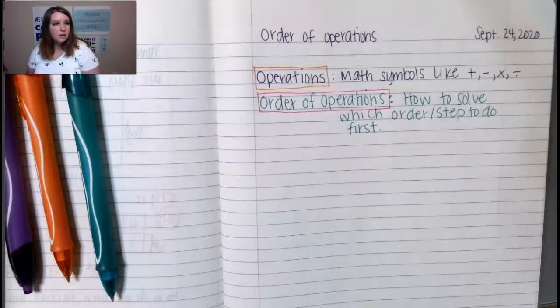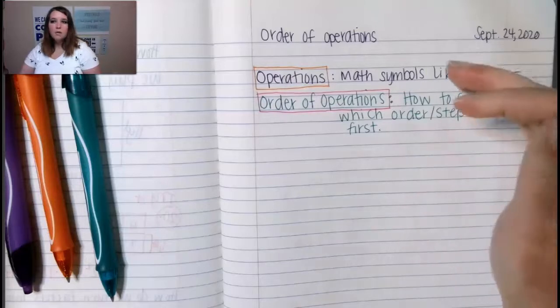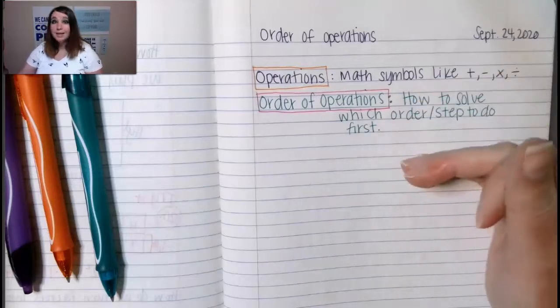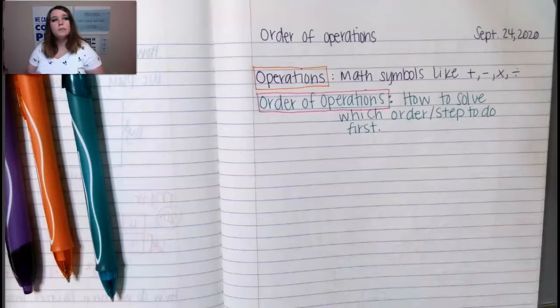So let's talk a little bit more about this order part and how these operations play into the order part. So we're going to talk first about how do we perform them and what are they? So in elementary school, you may have heard GEMS or GEMDAS or PEMDAS or please excuse my dear Aunt Sally.